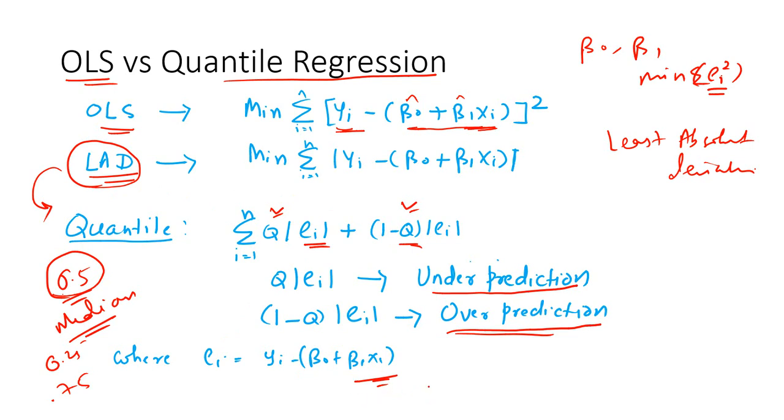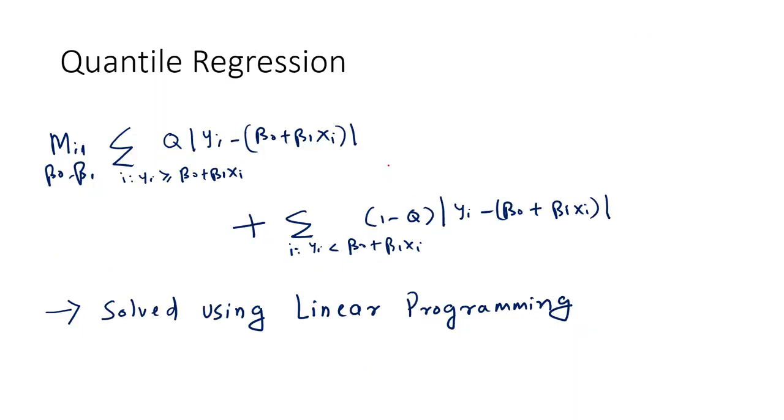So when we substitute the terms, how does the quantile regression estimation look? Here it is, more elaborate. We minimize this entire function to find beta naught and beta 1. We have the penalty term and the error term; this is the error term in this case, and this is the penalty term.